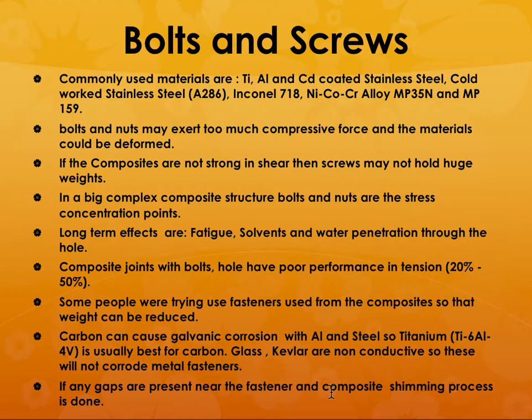If your composite material has not been designed to be very strong in shear, then these screws may not hold that large weight. And the larger the structure is, your bolts and nuts are going to be the stress concentration points. So not a good thing. And fatigue, solvents, water penetration, etc. are bad news for these mechanical bonds.